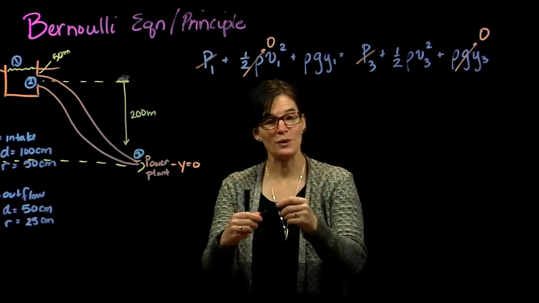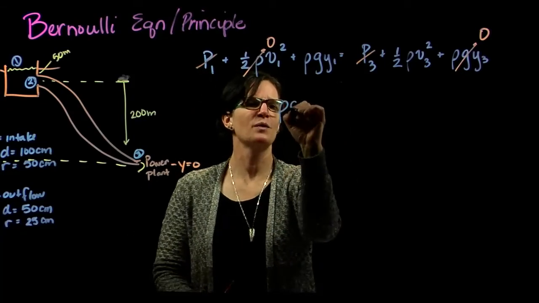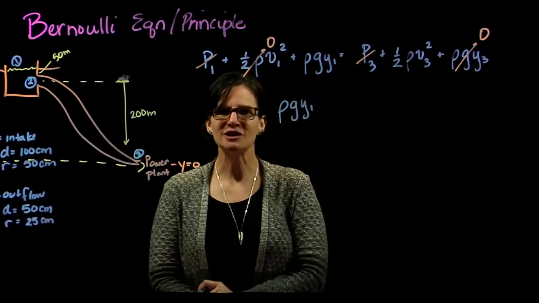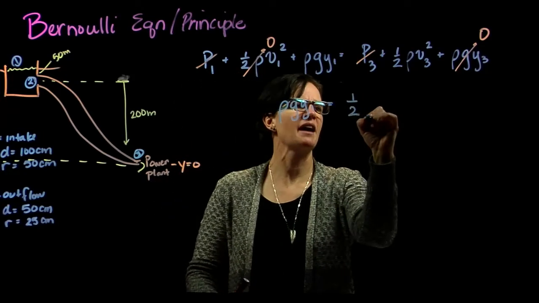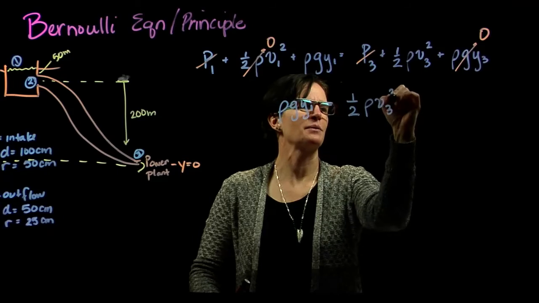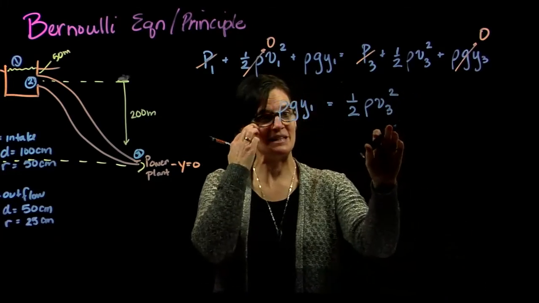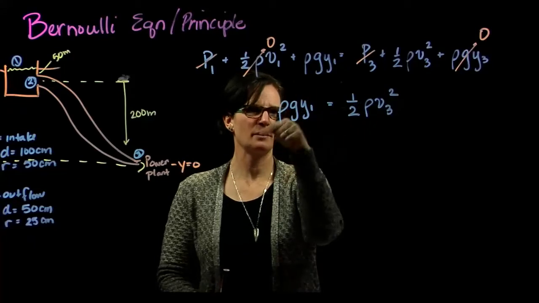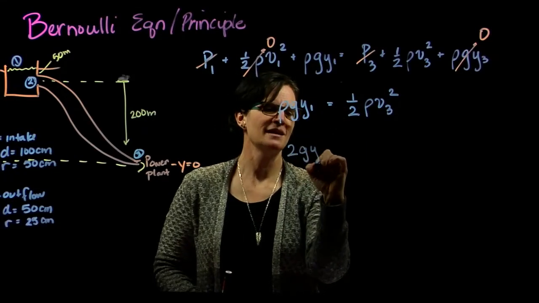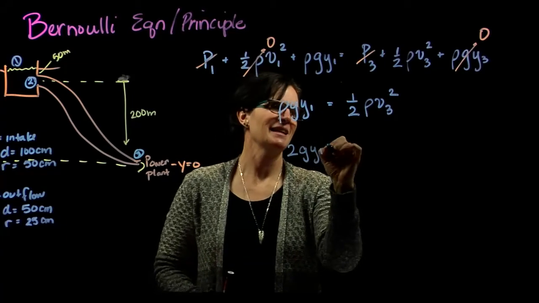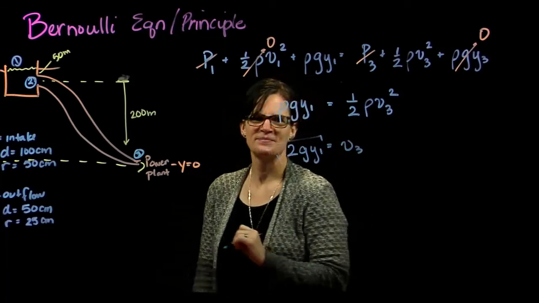And so what are we left with in terms of this relationship? We have rho times g times the height at point 1, plus 1/2 rho times the speed at point 3 squared. And then we can solve for it. If we solve for the speed squared, I bring my 2 over, my rhos go away. I end up with 2 times g times the height is going to equal my speed squared.